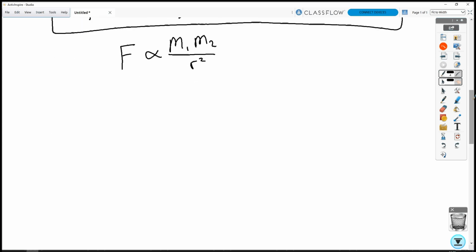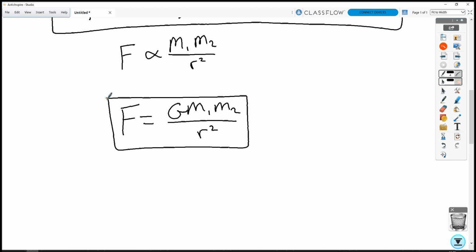Now, for us, this equation is not very useful as it's a proportionality equation. So I will then give you the constant of proportionality to turn this into a useful equation, which is F is equal to G M1 M2 all over r squared. Now, big G is called the universal gravitational constant.